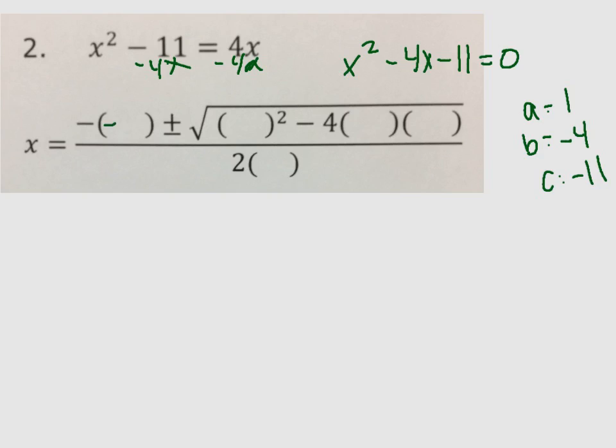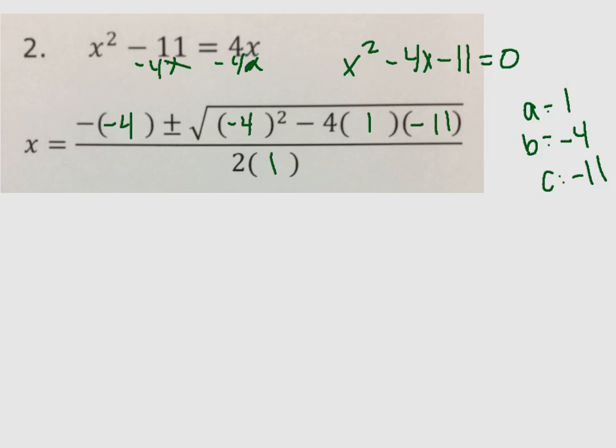So negative B, negative negative 4, that's going to be positive, plus or minus the square root of B squared minus 4 times A times C. Again, you have this on your formula chart. And then all divided by 2A, which is 2 times 1. Then you're just going to break it down.